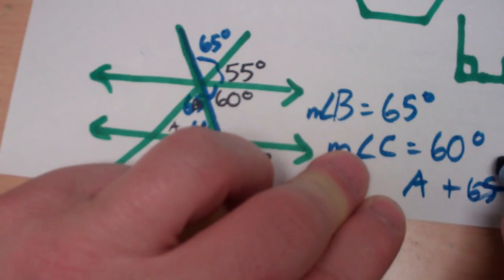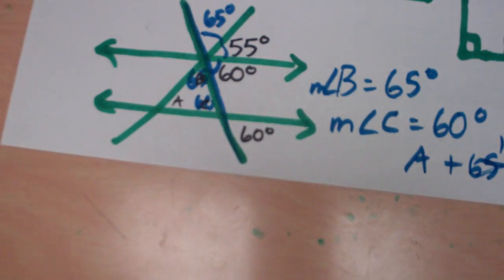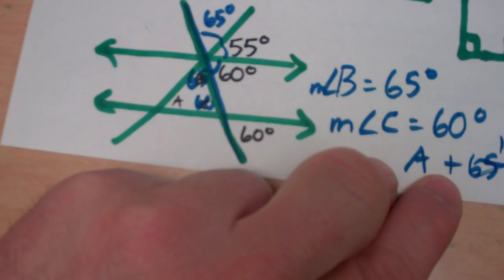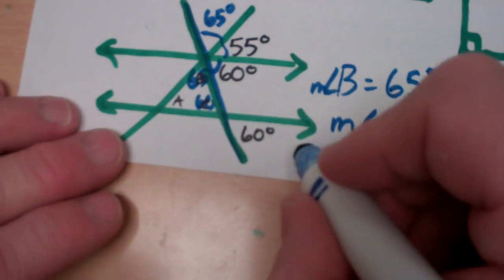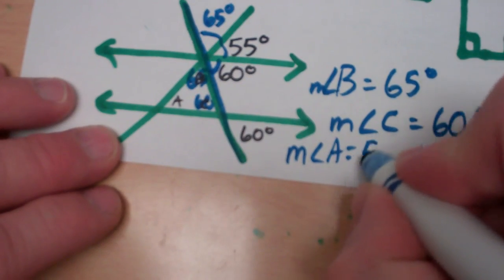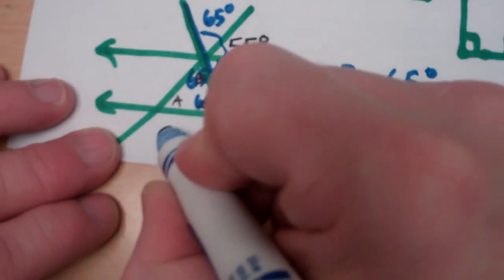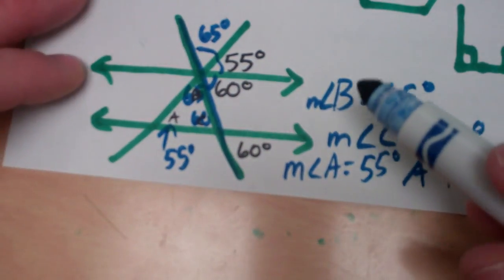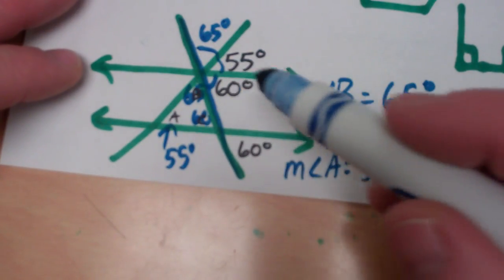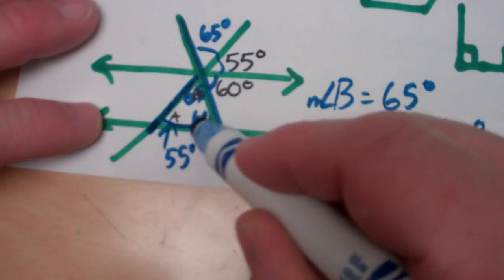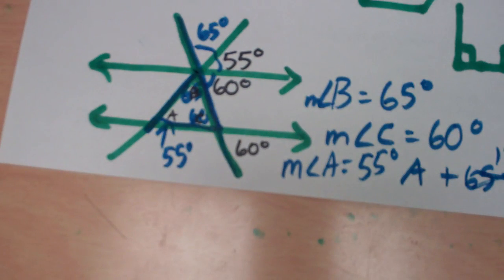Let me combine like terms. 125. All right, so if I subtract 125 from both sides, I get 55, and the measure of angle A is 55 degrees. That's the way to use your understanding of vertical angles, supplementary angles, and the sum of the interior angles of a triangle, all those things, to be able to find missing angles.